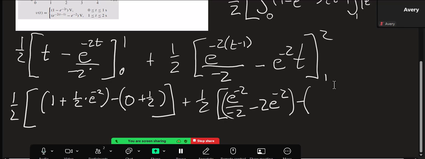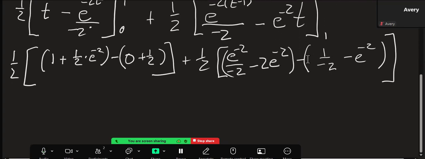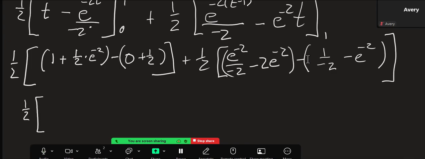Okay, and now when I plug in 1, I get e to the 0, which is 1 over negative 2 minus e to the negative 2. And then there's not really a chance I can do this without a mistake, but I will try.